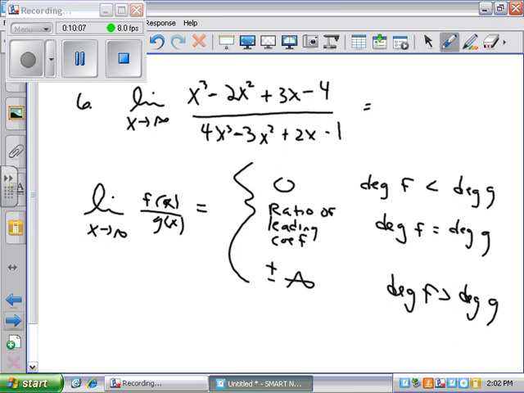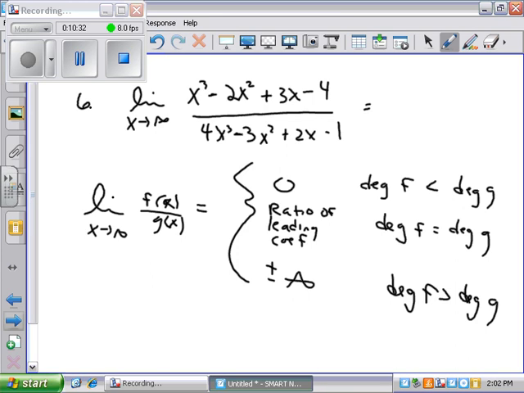The time that you'd have to do long division is if you were going to integrate a quotient, and the degree up top was the same or higher than the degree in the denominator, and you wanted to actually integrate it, you would want to divide first, but I don't think that would come up.